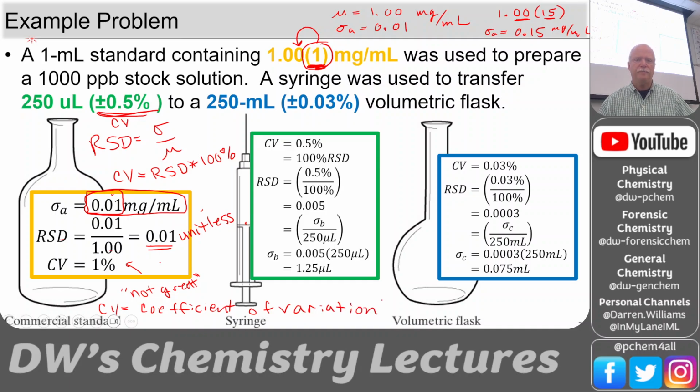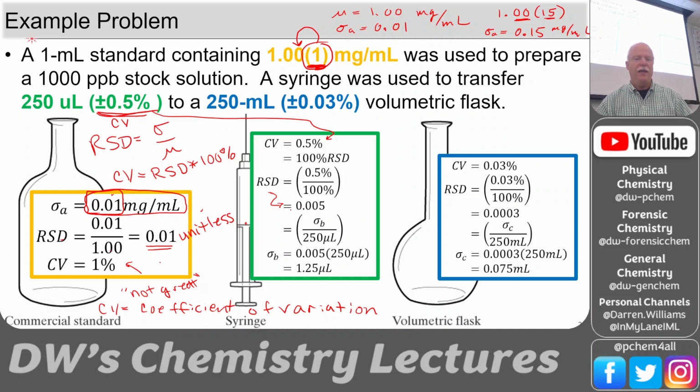Okay, CV. So I'm assuming that this parenthesis number beside the 250 is my CV. So I'm going to label it CV. That's equal to 100% times the RSD. So my RSD is that divided by 100%. And so it's 0.005. So there's my RSD right there.